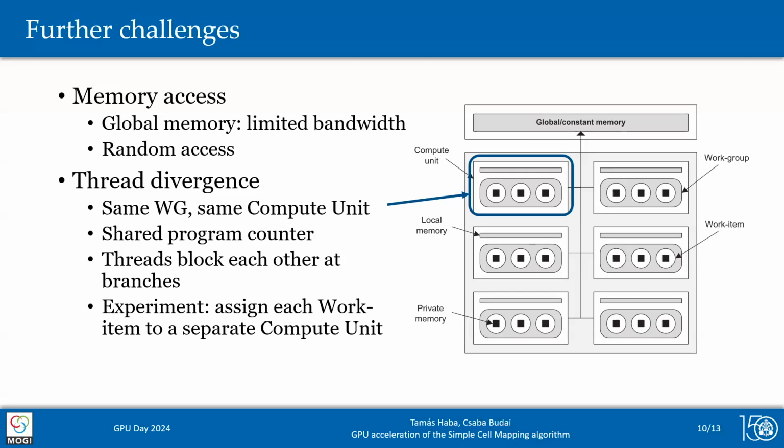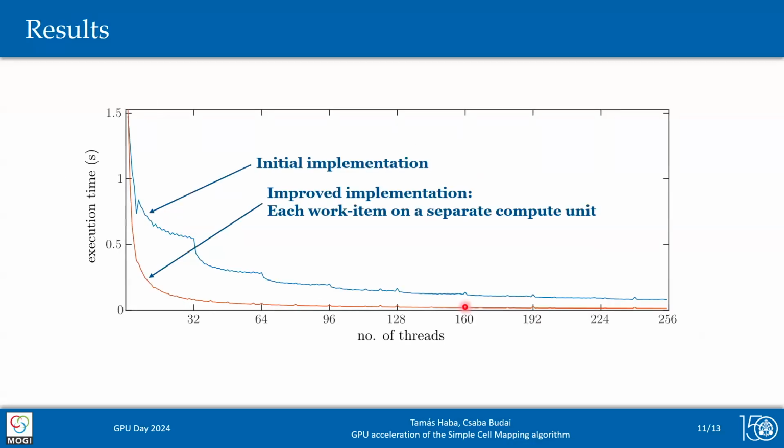And here's a possible solution. Let's just assign each work item to a separate compute unit and see what happens. At first glance, you can see that the improved approach made the algorithm much more scalable, and we can explain why we saw these staircases in the initial implementation.